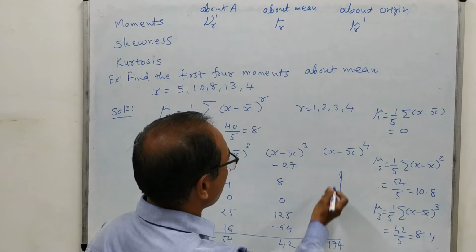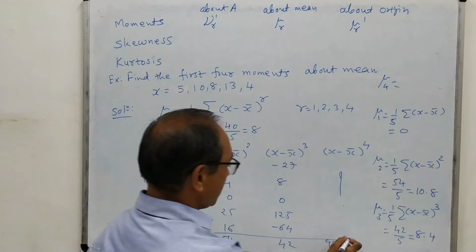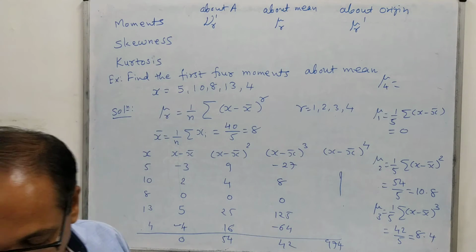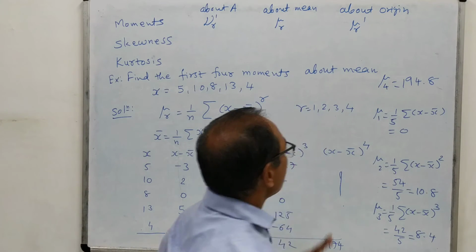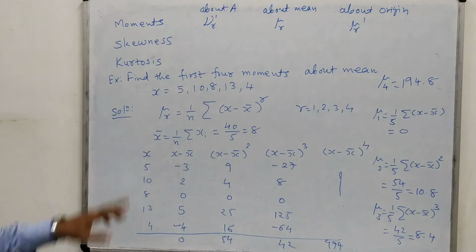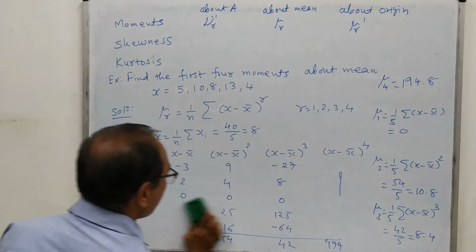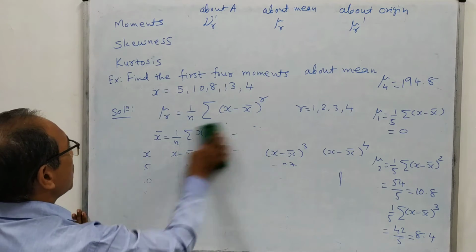And mu 4 you can find yourself, 974 by 5, and you will get the answer as 194.8. So you can see that these are the first 4 central moments about mean. Now let us see. Have you noted this? Okay.